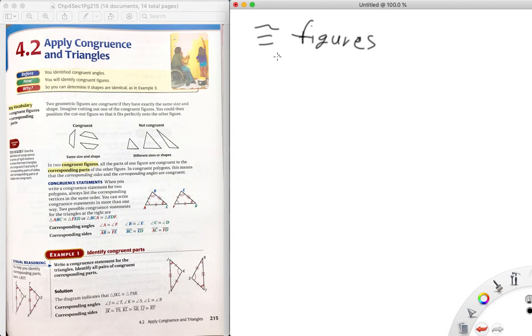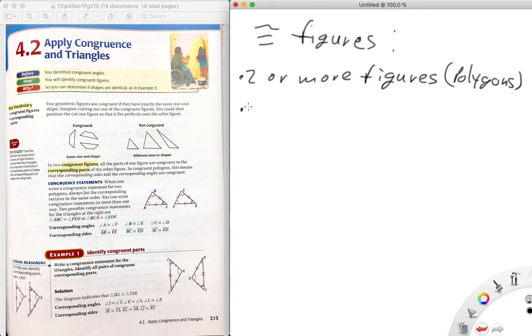Congruent figures are two or more figures, in this case like triangles, polygons, etc. In this case really polygons.